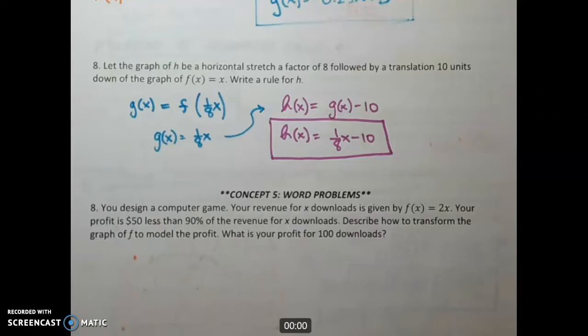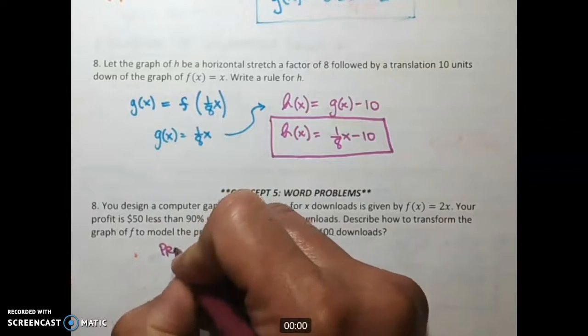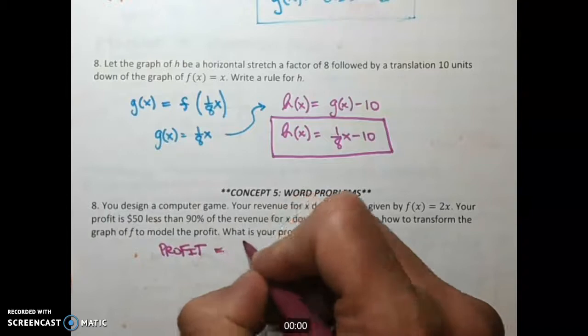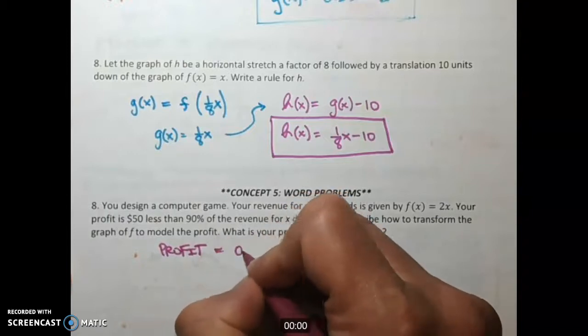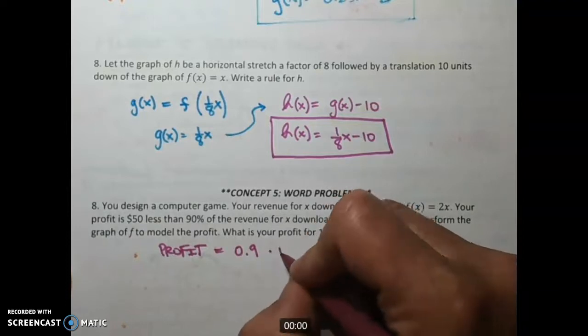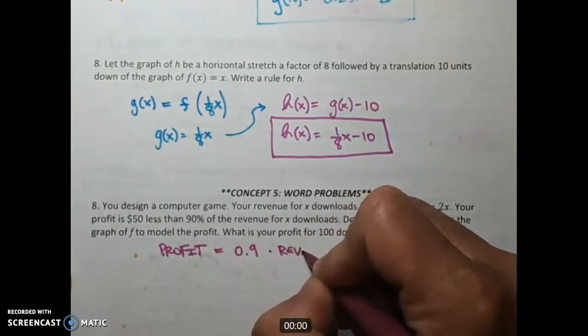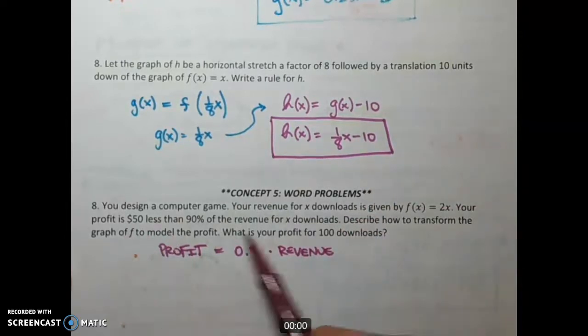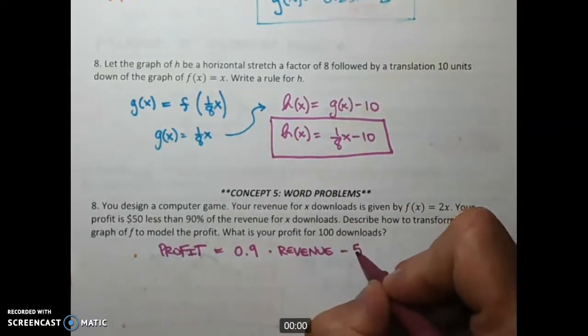Awesome. So what I'm going to do is write a little bit on top. What I'm looking for is profit, and what it's going to equal is 90%, which I'm going to change to a decimal, 0.9, times my revenue. And then it's going to be $50 less than that, so minus $50.